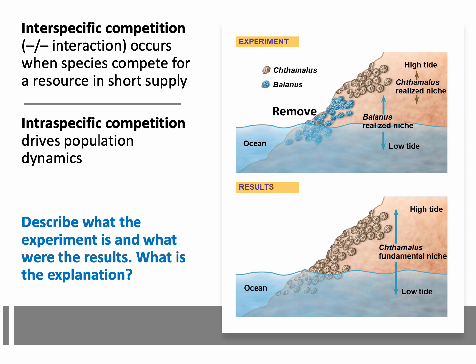So in the Calamus barnacle, the realized niche was up in the high tide area when Balanus was around. But as soon as Balanus was removed, well, now it could occupy the full range of habitat that it's allowed to, its fundamental niche. So this is a classic experiment demonstrating competition in nature, which is actually a surprisingly difficult thing to demonstrate and often involves this kind of removal type experiment.